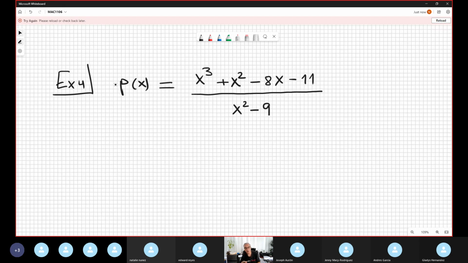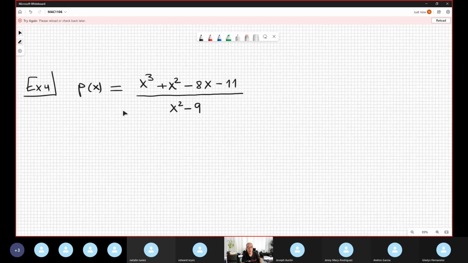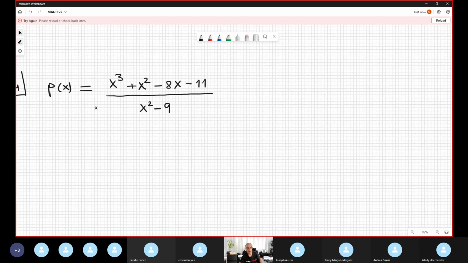Okay, this example is weird because when you try to factor, at least the top part is very, very weird. Yes, the factors exist, degree 3, so 3 factors, let's see, but it's weird, because this cubic equation is very complicated.